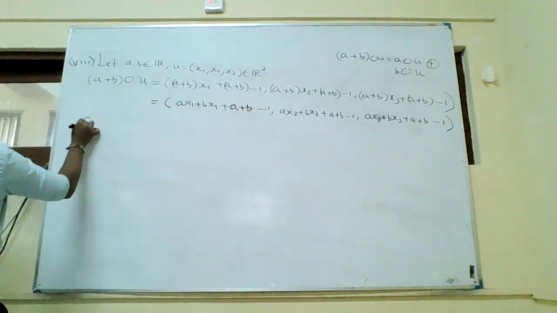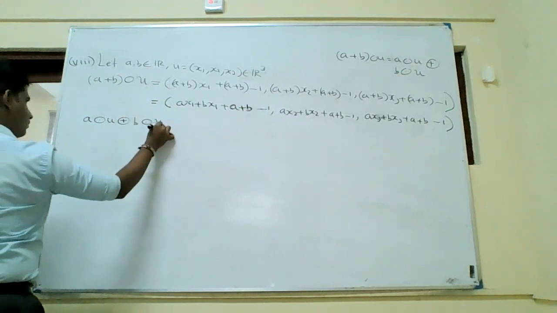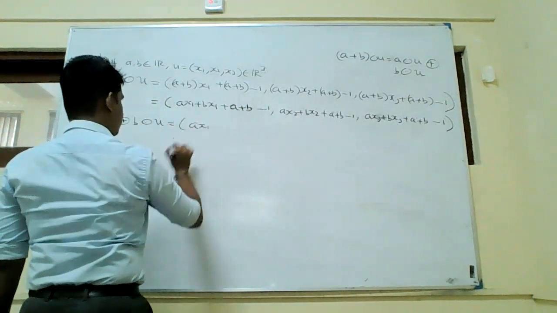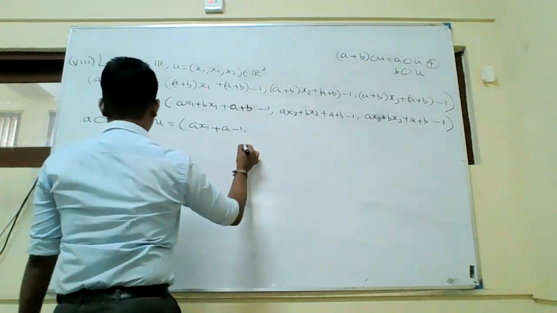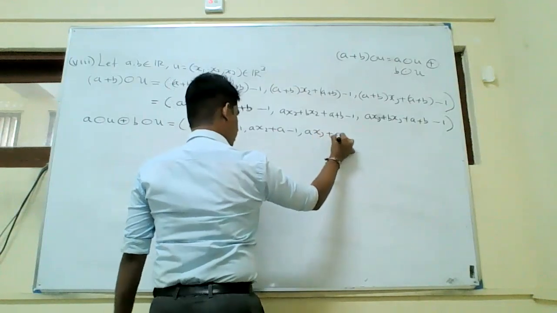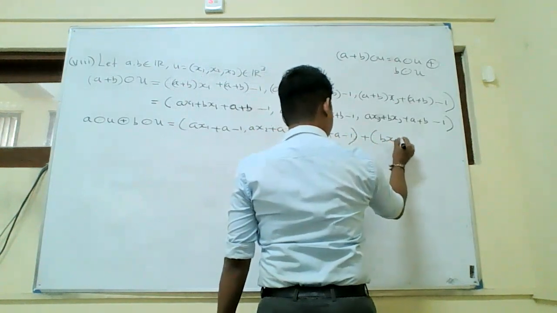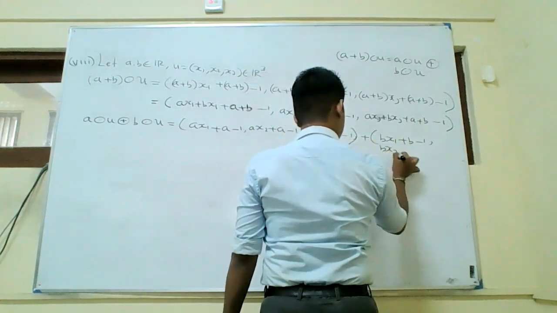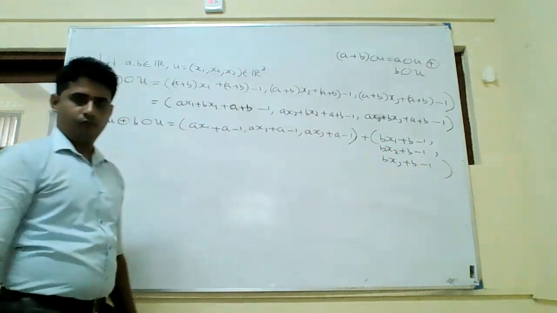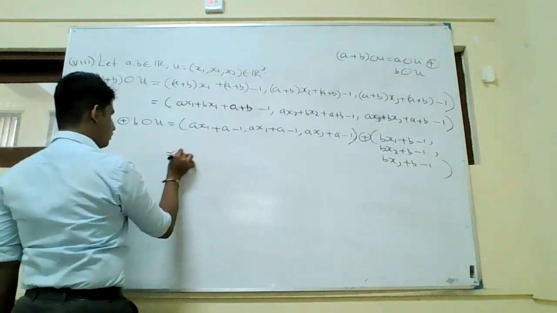Now you take this one, a scalar multiplication of u, then you get, for b, so the addition is multiplication. So now what?